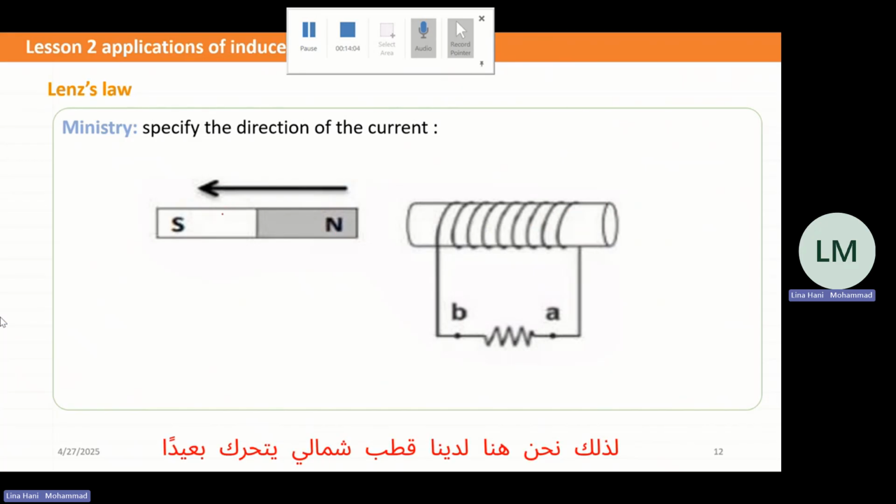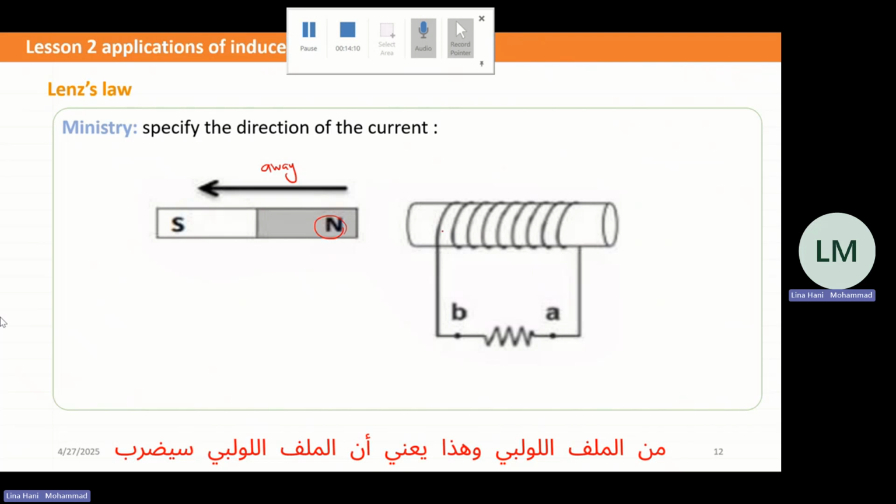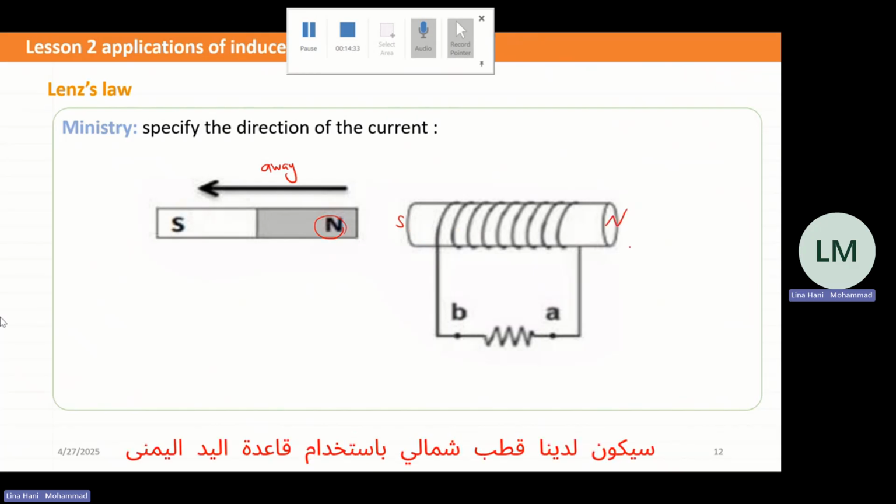So here we have a north pole that's moving away from the solenoid. That means this solenoid will say, no, I want you back, come back, please. How does it do that? By generating a south pole that tries to attract it back towards it. So the other side we will have a north pole.